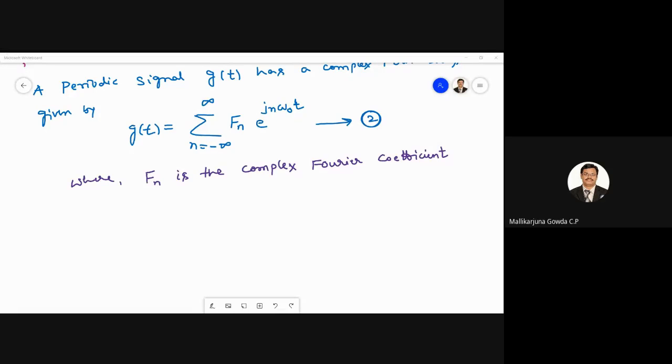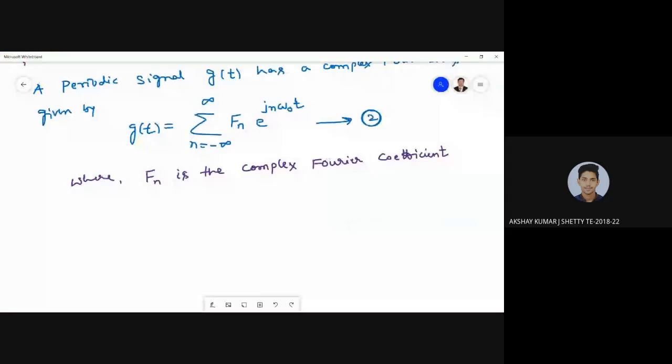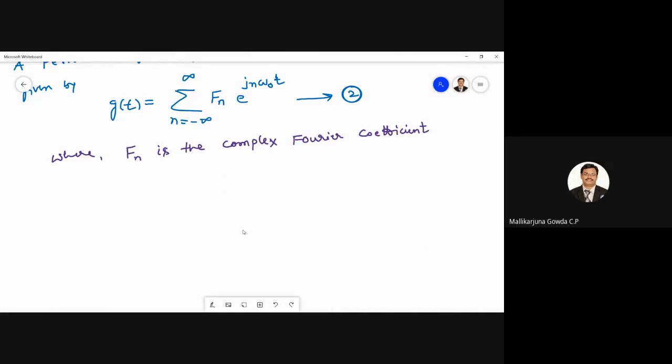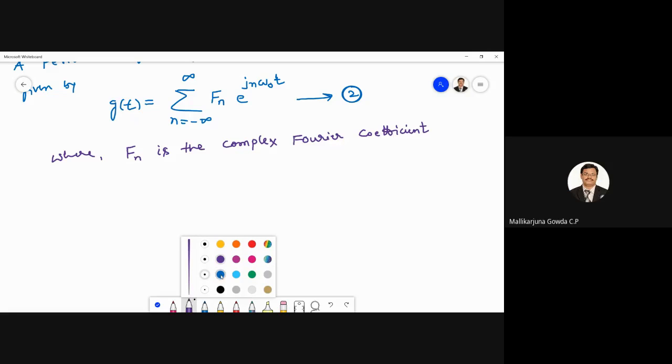Yes, what is the formula for that? Yes, Akshay Kumar, can you say? How do we define the Fourier coefficient, complex Fourier coefficient? I don't know, sir. You don't know. Okay. If you are not aware of this complex Fourier series and other things.